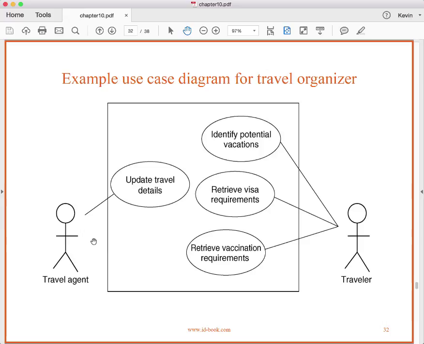The use cases are on the inside of that box. Okay, they're ellipses, and they have verb, noun, phrase names. So update travel details, that's a use case. Identify potential vacations, that's a use case.